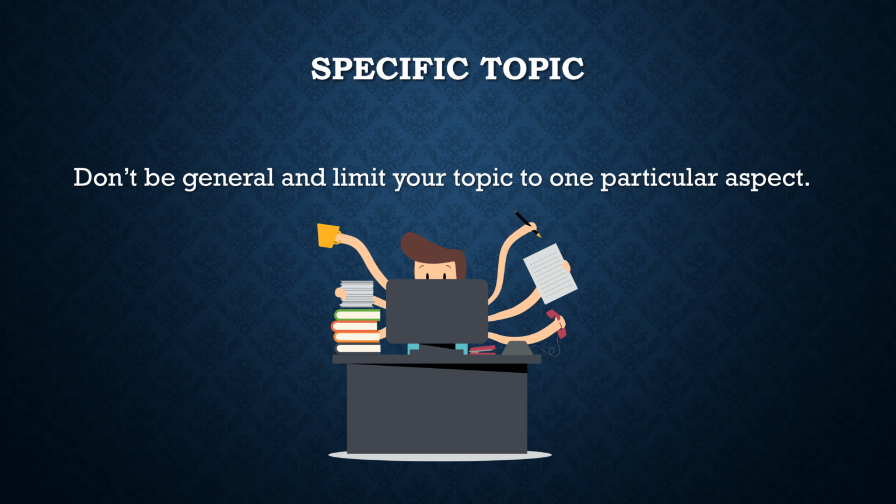For example, the topic hurricanes is too general, but the topics preparing for hurricanes and dangerous effects of hurricanes are specific. Soccer is too broad, but the history of soccer or the basic rules of soccer could be covered in a short speech.